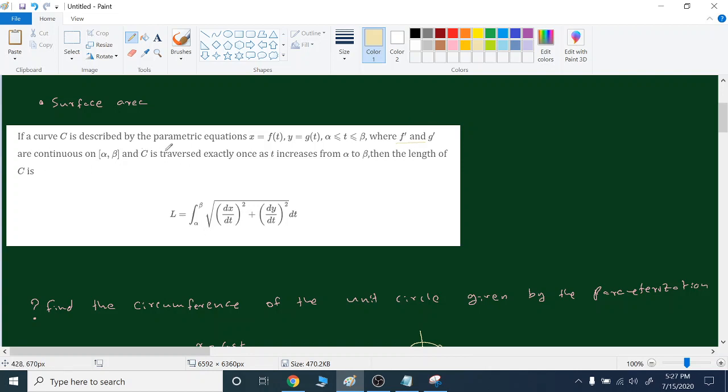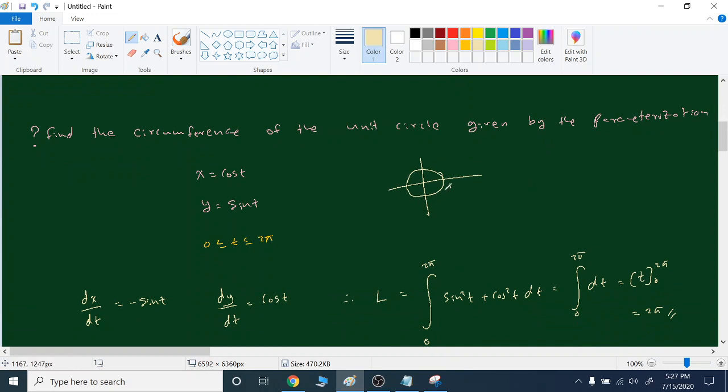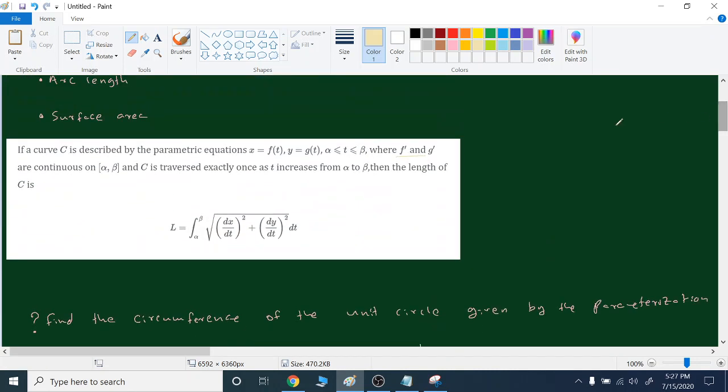And then if C is the curve obtained by this representation of the parametric symbols, then the length of the curve is at once given by this formula.